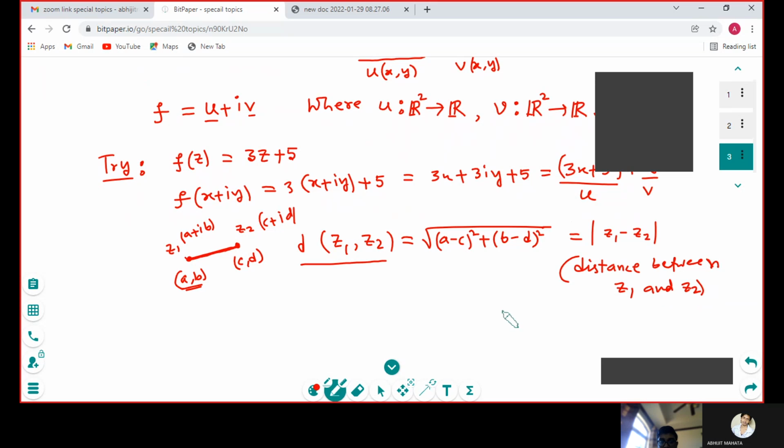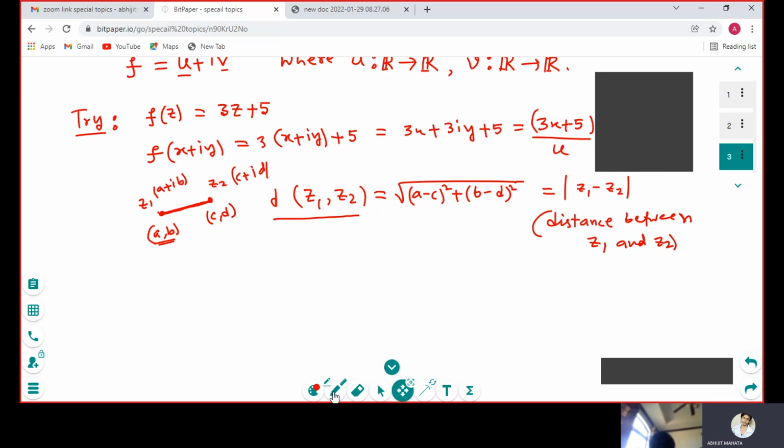So inside complex numbers, if we take two complex numbers, we can add them, subtract them, multiply them and divide them. Also, one more property we see here is that we can measure the distance between two complex numbers by this formula. So I can give you an example.